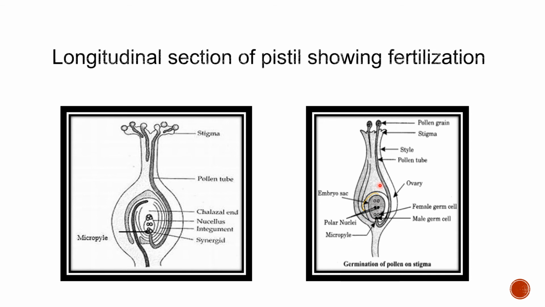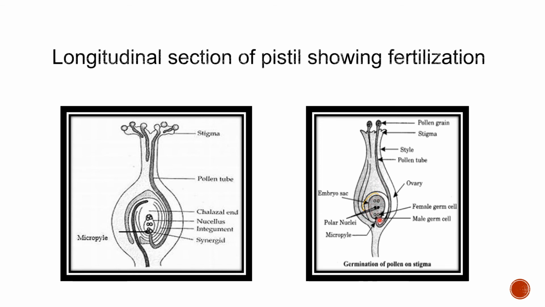There is another male gamete. So two male gametes entered here, but there is only one ovum or one female germ cell. Now what will happen to the other male gamete? It will fuse with the diploid secondary nucleus. Now here we have the diploid secondary nucleus.